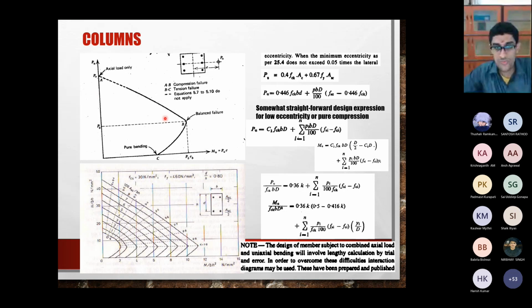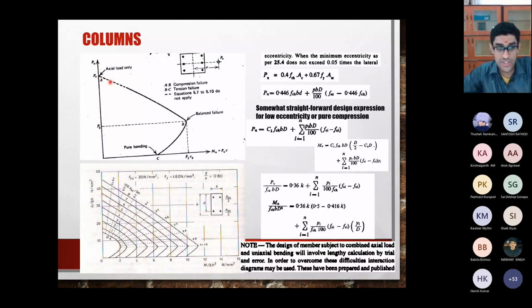There are two regions to this. It starts from here, reaches a maximum, and then slightly reduces and has a part over here. This maximum point corresponds to a balanced failure. For example, this column with this arrangement will fail when the moment reaches this much value and the load reaches this much value. It will have a balanced failure in this particular column.